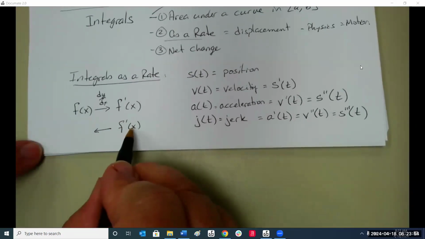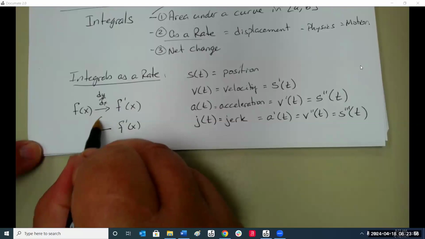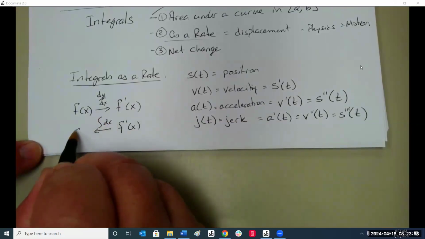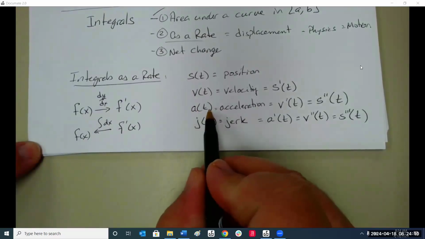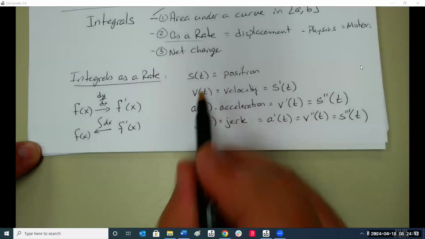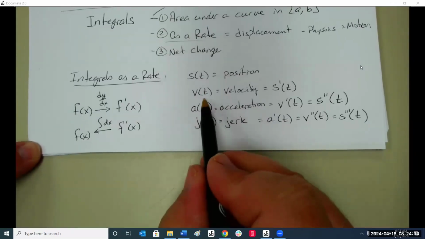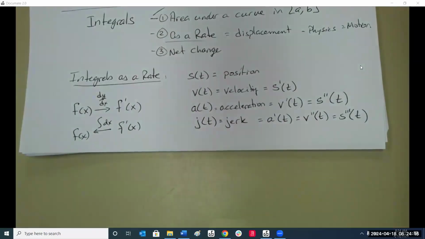Integrals, we start off with the derivative, we take the integral, and we get back to the original function. They're inverses of each other. So the integral of acceleration will give us velocity. The integral of velocity will give us position.